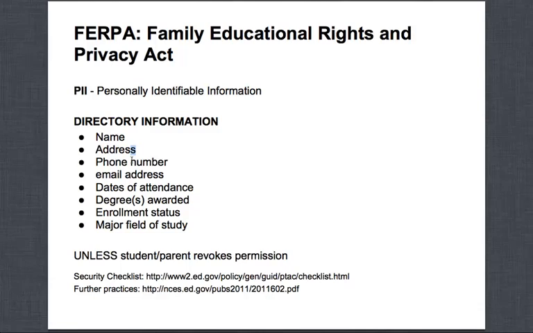So if there's anybody that has come up with some type of solution to this, I'd love to hear it. Down here at the bottom, I have a link to the security checklist. What is required specifically by FERPA for the protection of this information, as well as some further good practices for protecting the PII.